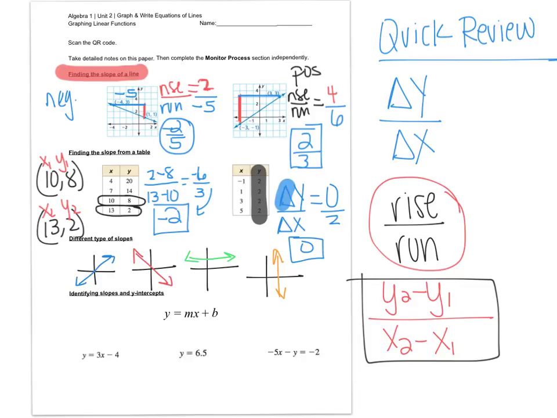These are the types of slope here. We have undefined, we have 0, we have negative, and we also have positive.